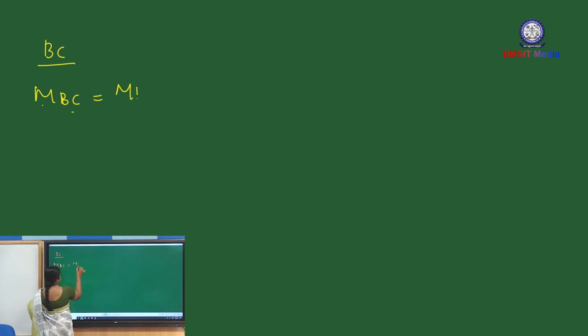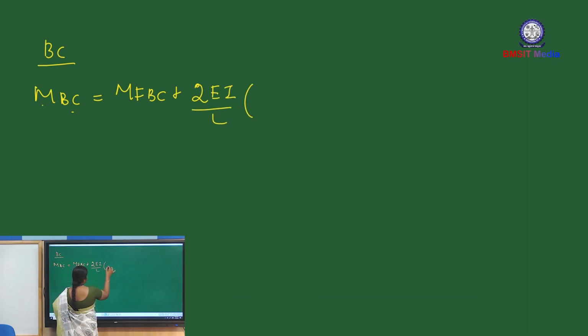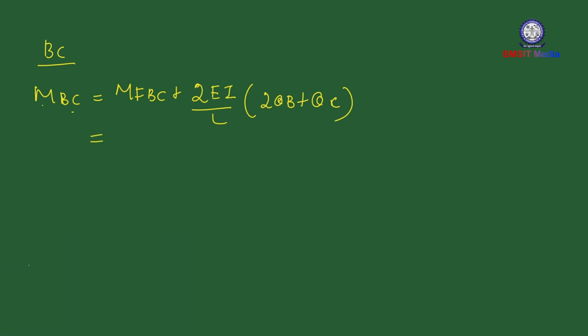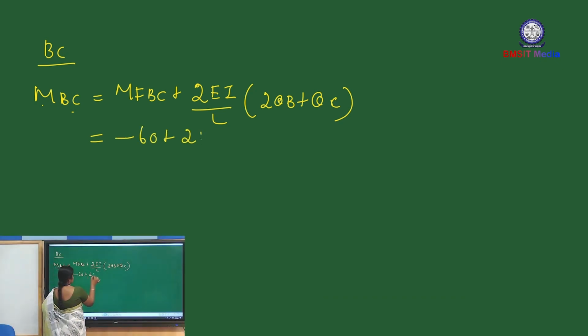The equation is MFBC plus 2EI by L, 2 theta B plus theta C. We don't want the delta term, delta C. M of BC we already calculated in the first step, that is minus 60, substitute minus 60 here, plus 2E, where I equal to 2I.